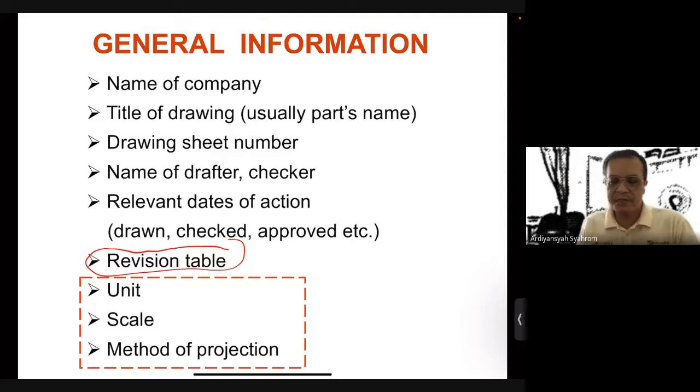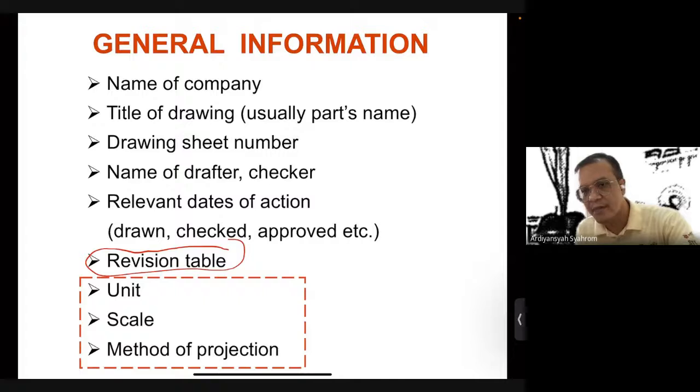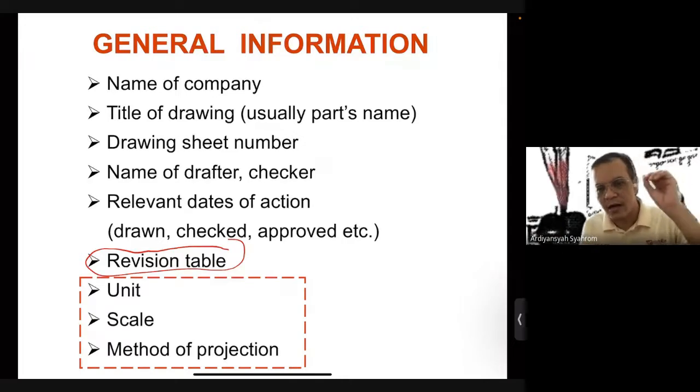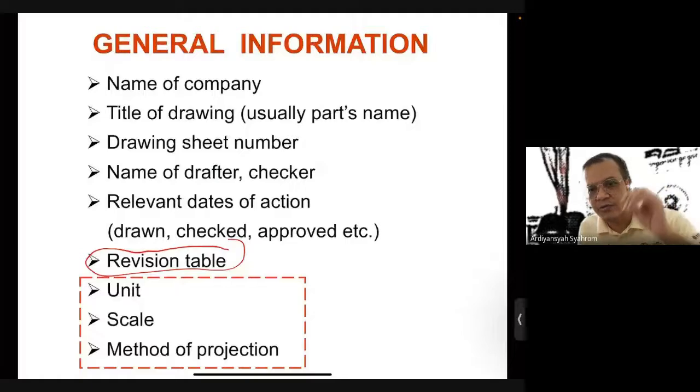Let's say for example you develop a product. The revision table is actually a record of design changes, one by one. Once you register with the authority, they will check everything. Let's say there is a failure later, then they will check everything from the analysis: why you changed this, why you changed that, everything.